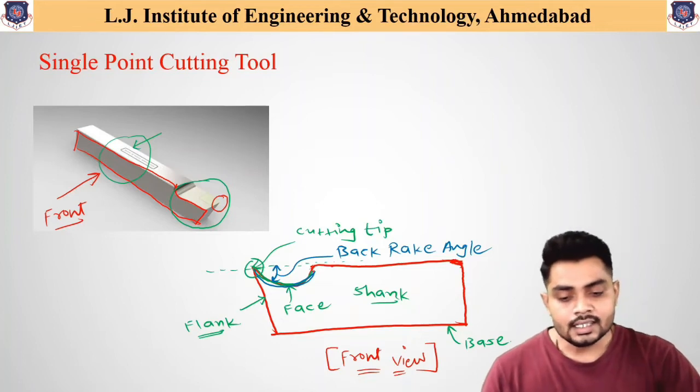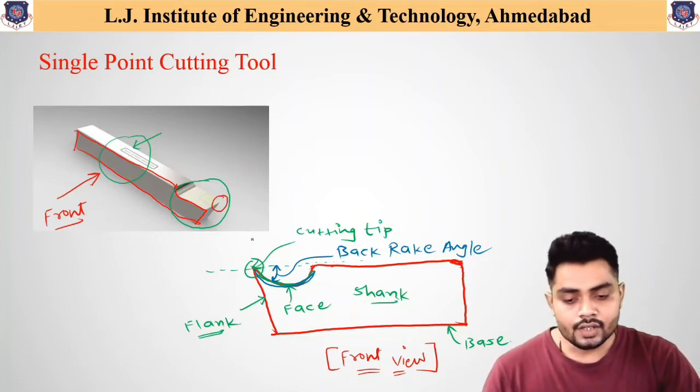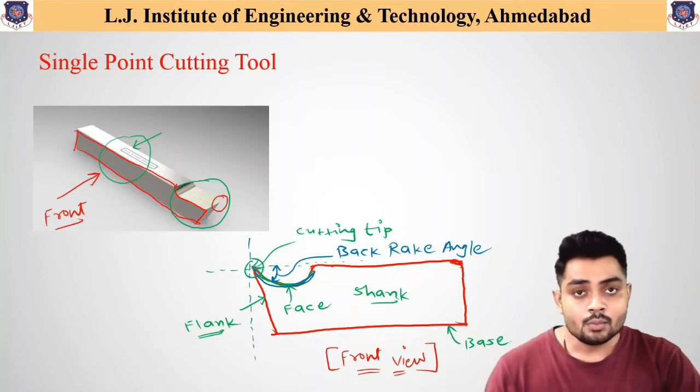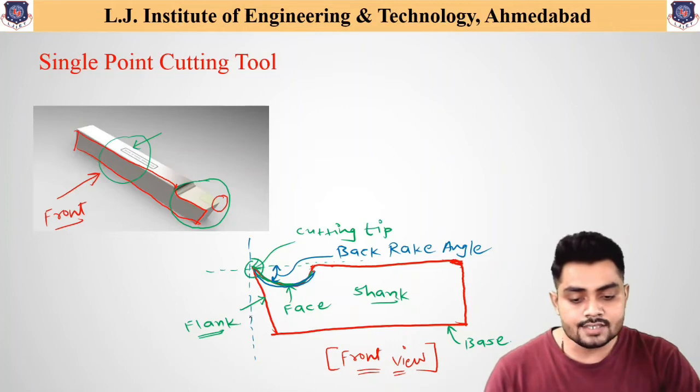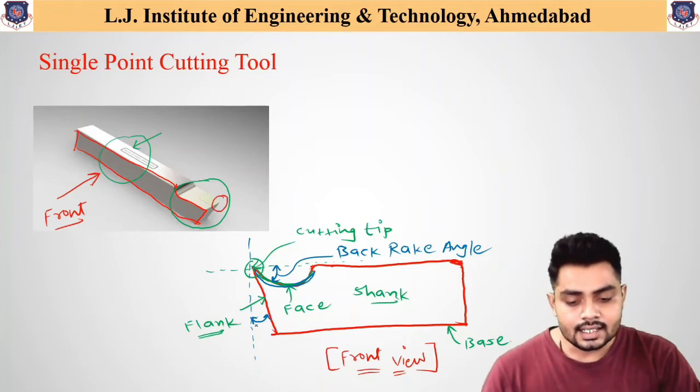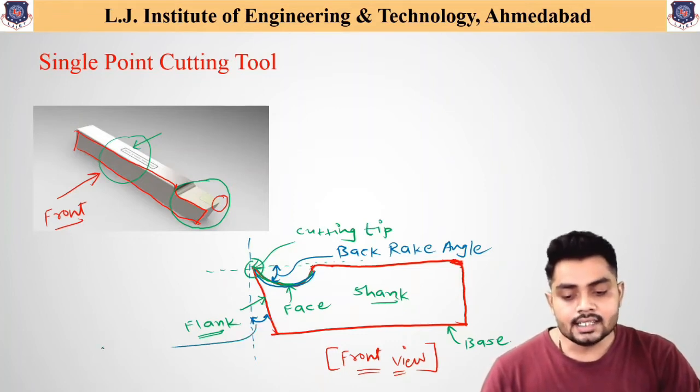Now similarly, you can see over here, if we draw a vertical line, this vertical line makes a certain angle with this flank, and this particular angle is called as the end clearance angle.